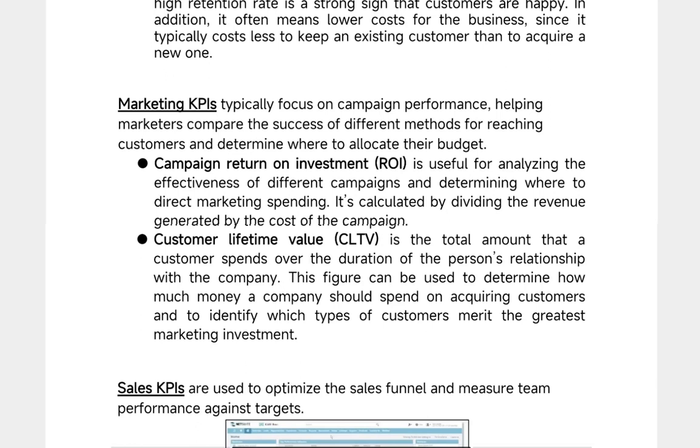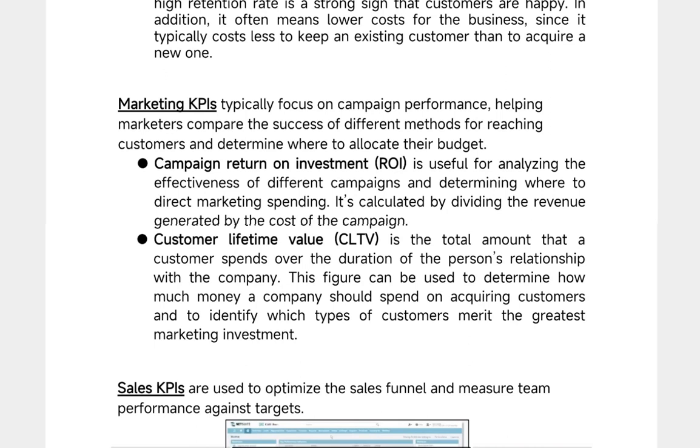Next we have the marketing KPI. Marketing KPI focuses on campaign performance, helping marketers apply different methods for reaching customers.